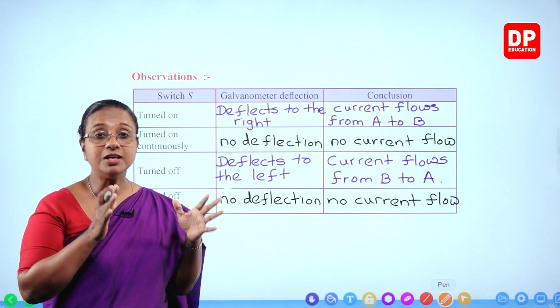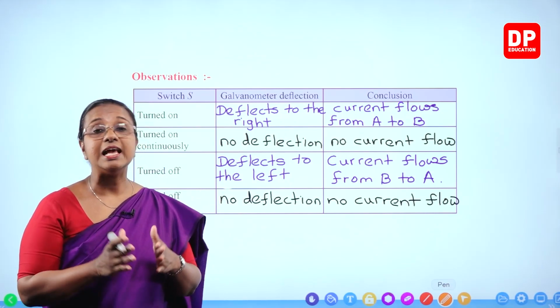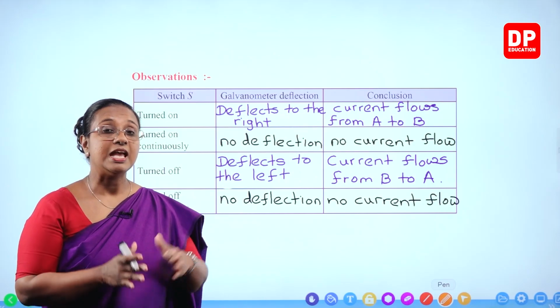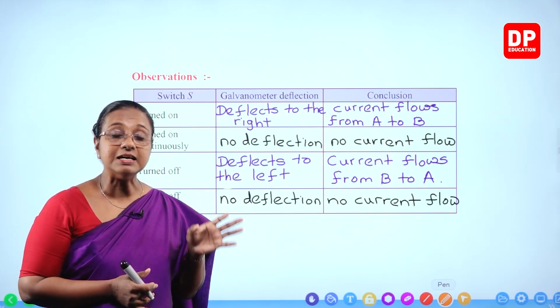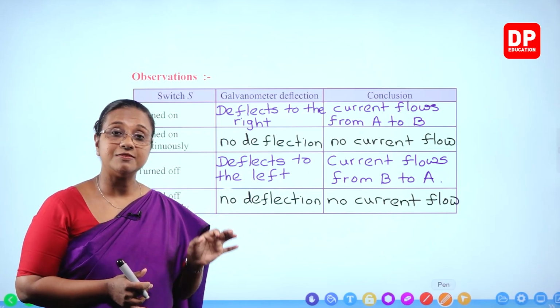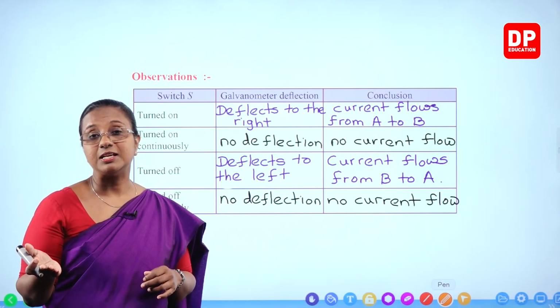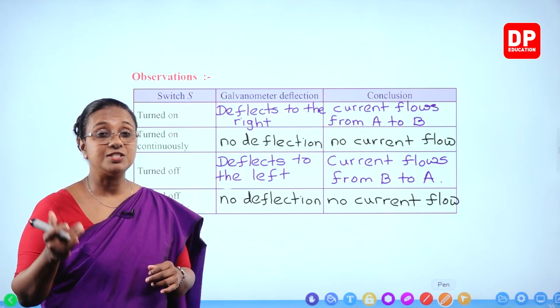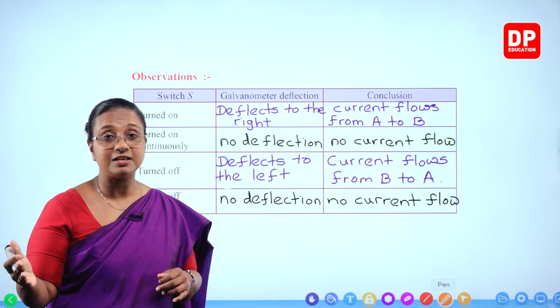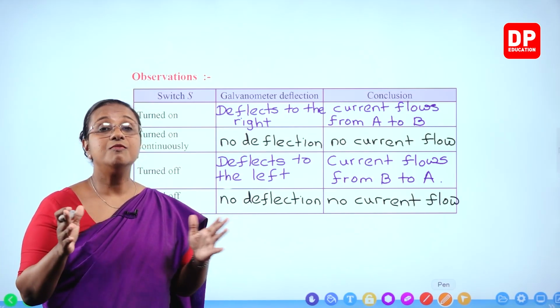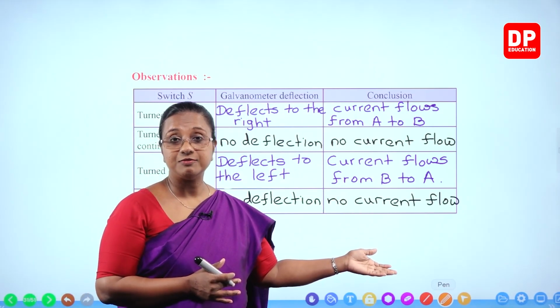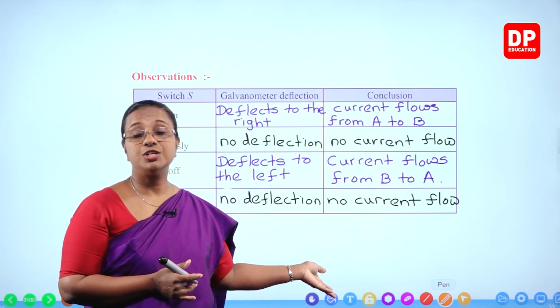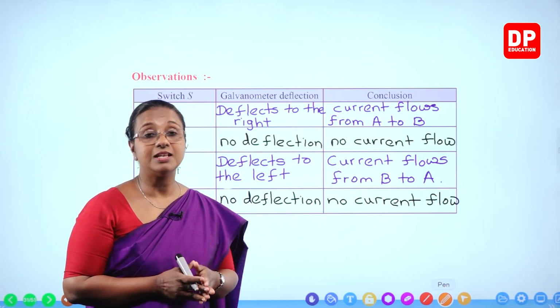This particular concept is based on electromagnetic induction, and this function, where you have two coils and the magnetic field change in the first coil induces a magnetic field in the second coil, which gives rise to the flow of current, is used in the working of a transformer. We will be discussing that after we discuss the conclusions of this activity in the next slide.